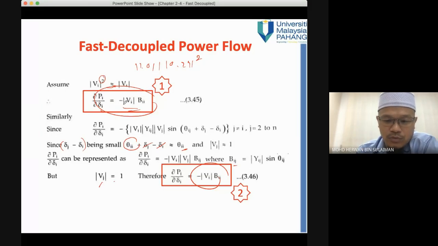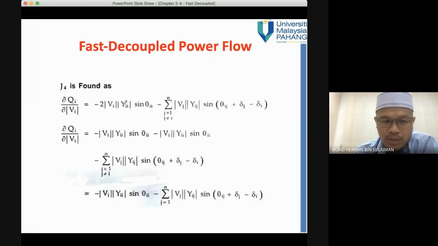And then we move to J4. For J4 it is the same: you can rewrite your equation, or do the partial derivation with respect to V. So you will get negative 2 Vi Yii. This is in terms of diagonal, and this is in terms of off-diagonal Yij. So this one is also the same.